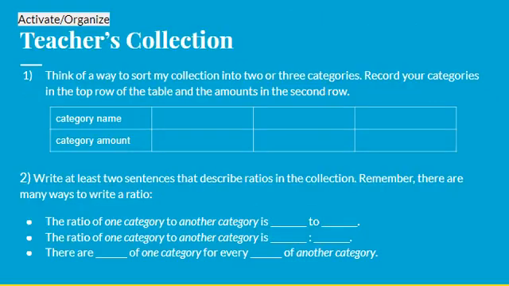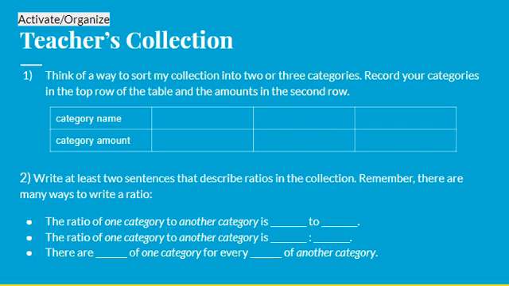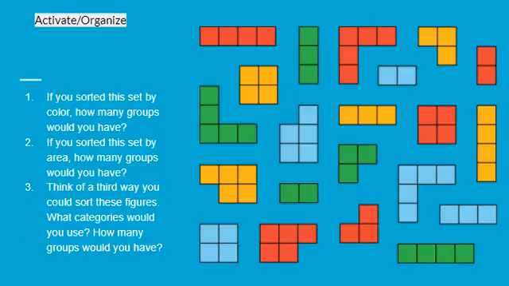So I'm going to go over here on a collection that I've got. What I'm going to do is look at some of the things that we've got here and line them up in our spaces on these categories. Okay, so let's see. If I look at color wise, I have 1, 2, 3, 4, 5, 6 red. I have 1, 2, 3, 4, 5 green. And I have 1, 2, 3, 4, 5 blue.